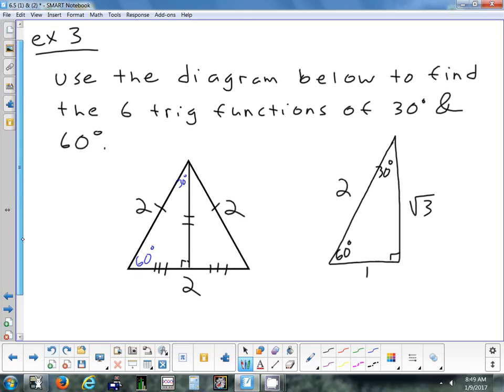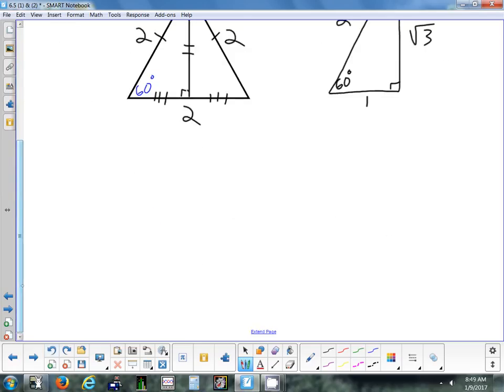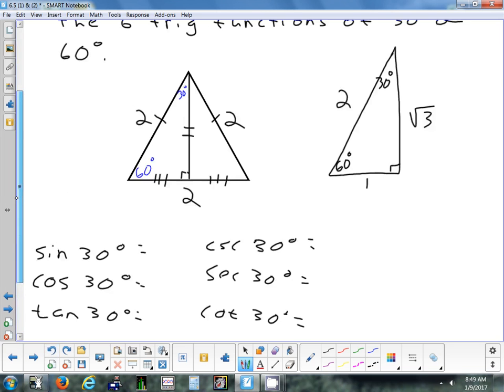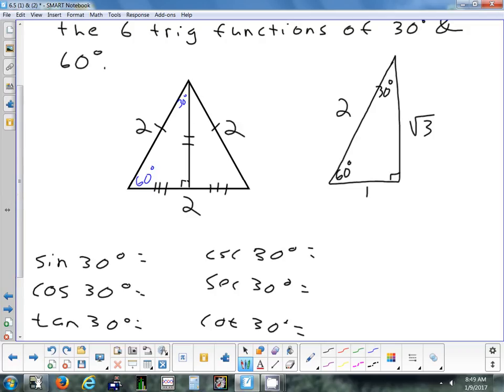Okay, so let's find the trig functions. And let's start with 30 degrees. And I am going to do them all because I want you to see a connection here. So what's the sine of 30 degrees?